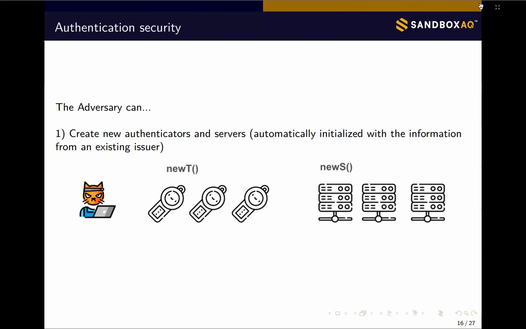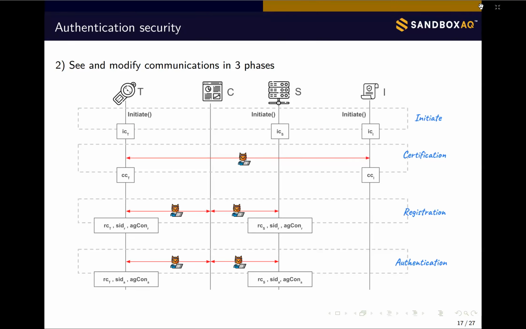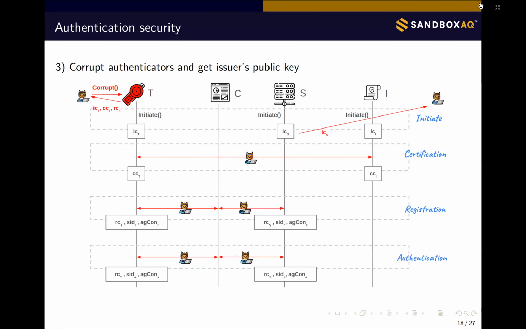For the authentication security, we allow the adversary to create new authenticators and new servers that are going to be initialized automatically with information about the system user, like a key pair. Also, we allow the adversary to be active in the three phases of certification, registration, and authentication, so it can eavesdrop messages but also modify them.